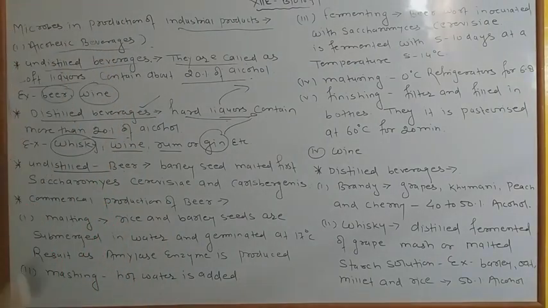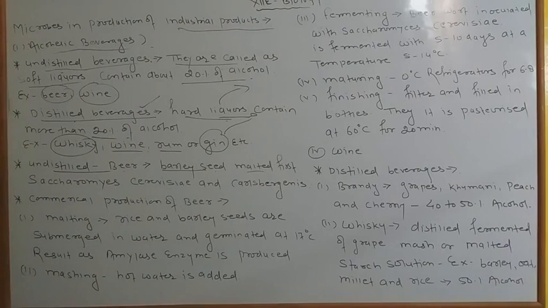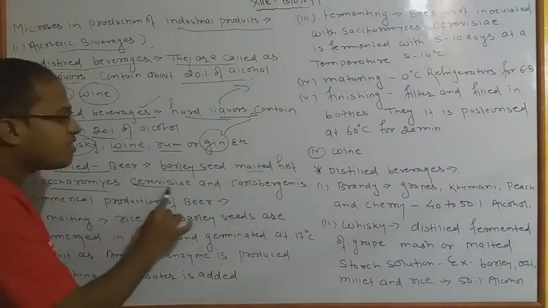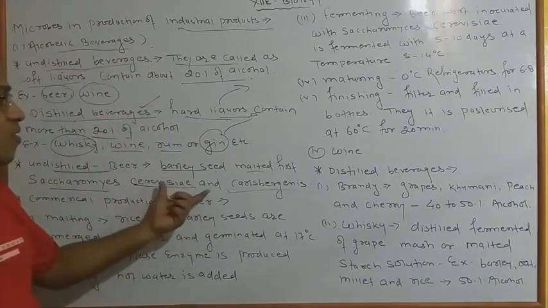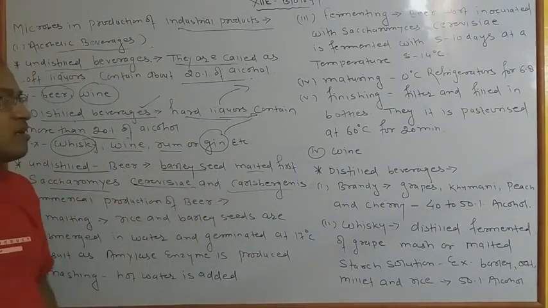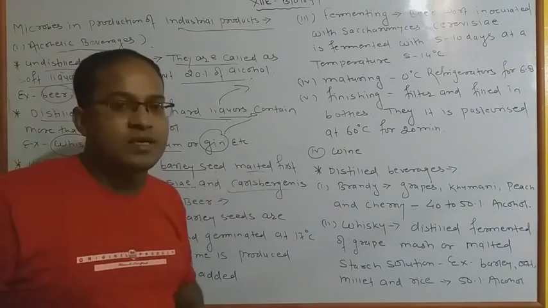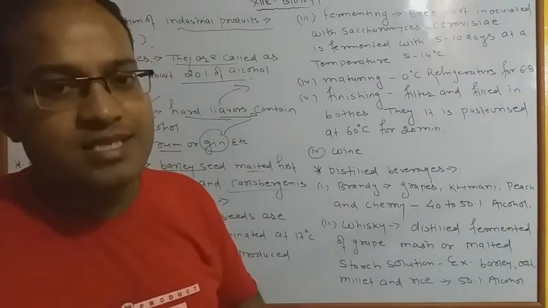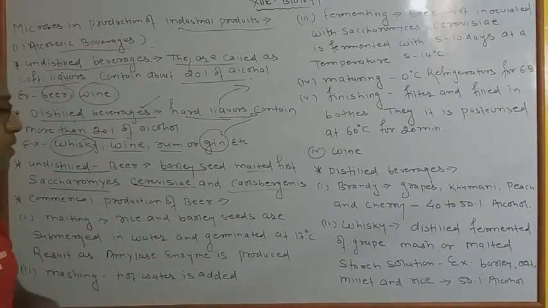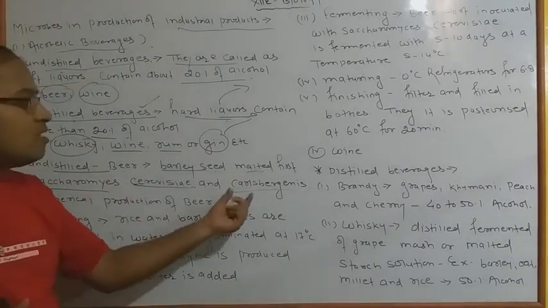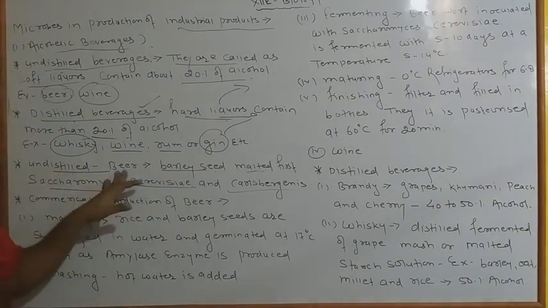The first important point is that the barley seed is malted using Saccharomyces cerevisiae and Calls virginesis. Malting means crushing the barley seeds smoothly into a powdery substance, and then using two types of substances to convert them into the beneficial part for the preparation of beer.